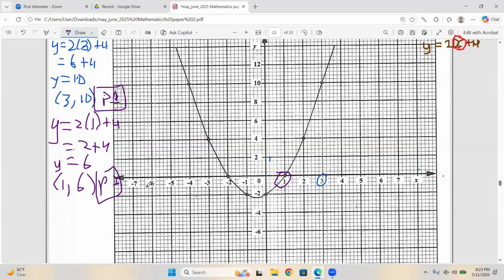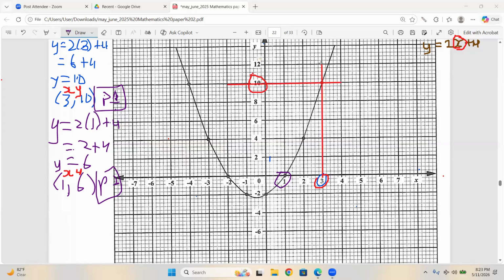So since we have 2 points, we can now plot the graph. We have to identify where these points are. Remember, x is always written before y every time, right? x, y is x, y. We know x is 3 here, y is 10 here. So if we draw lines through them, this point intersects with the cubic.